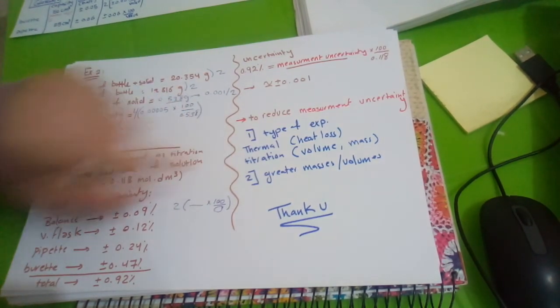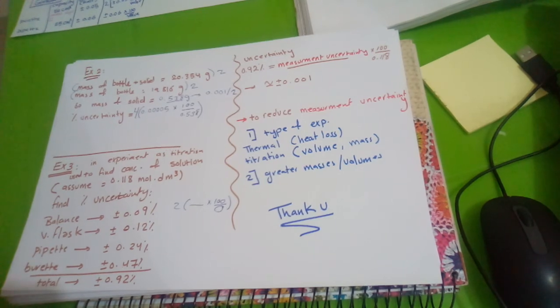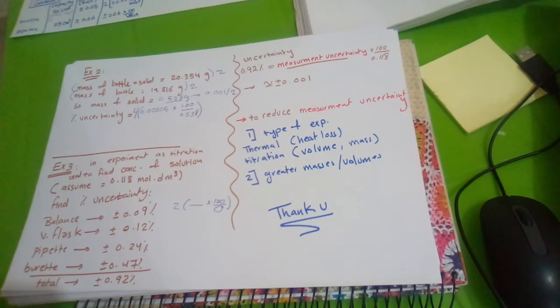Also, if we have a titration, we must be concerned about volumes and masses, and use accurate methods in order to record these values. Point number 2: we can deal with greater volumes and greater masses. Each time you get a greater volume, it means you will get lesser uncertainty in your recorded value.